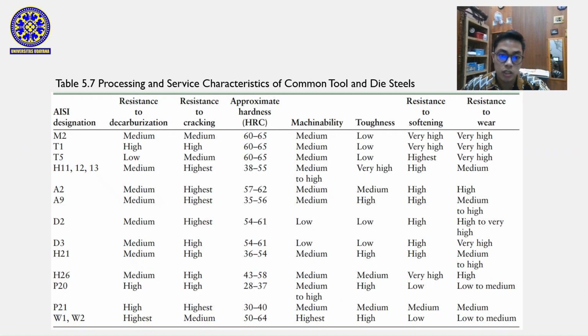This table outlines the processing and service characteristics of common tool and die steels. It compares their machinability, wear resistance, toughness, and heat treatment response. These properties determine which steel is best for specific tools or dies, balancing performance, durability, and manufacturing ease.